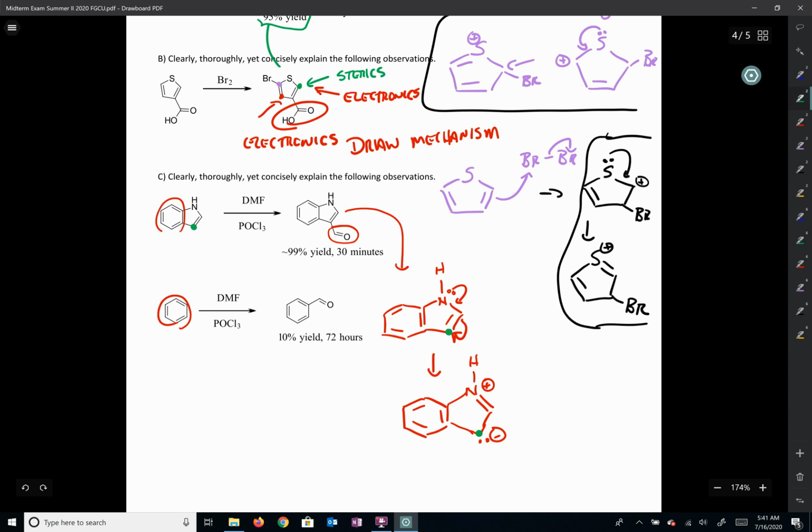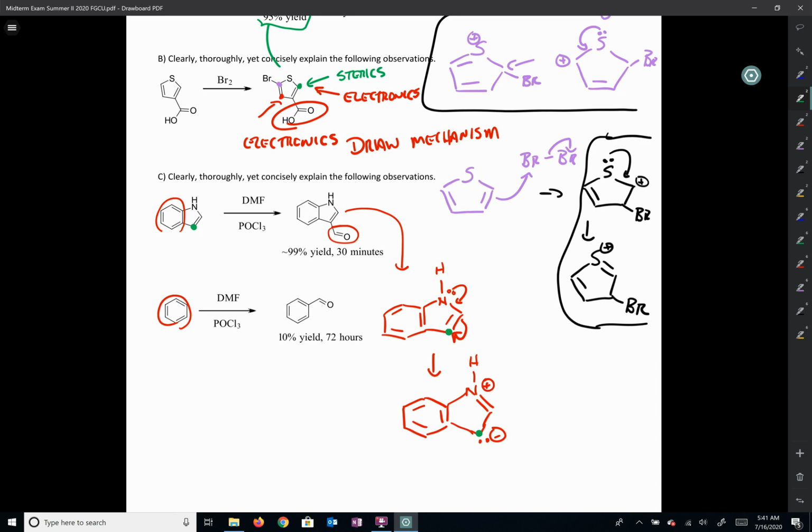Well, why is that important? Well, that's exactly where our aldehyde gets added, right? So we have some negative density at that position there. So what does this tell us? This tells us that this part of the ring is also the activated part of the ring.